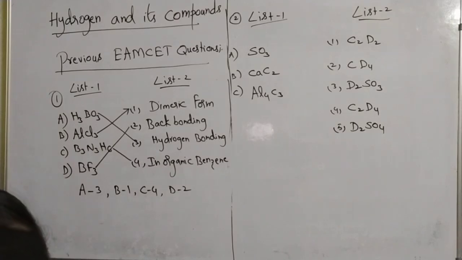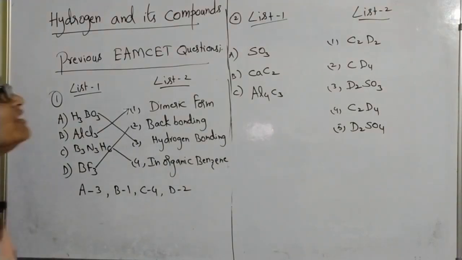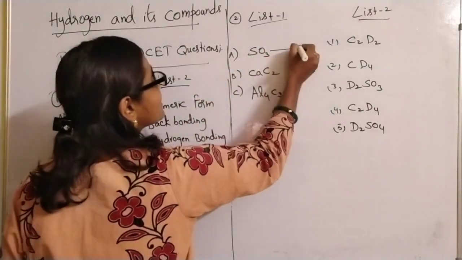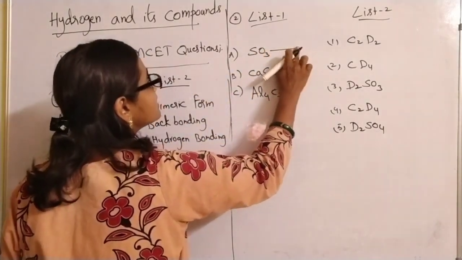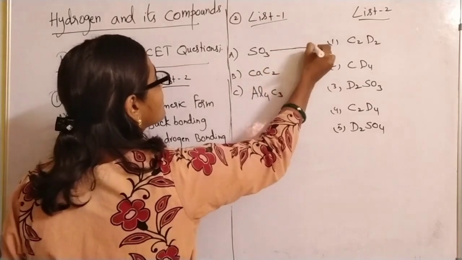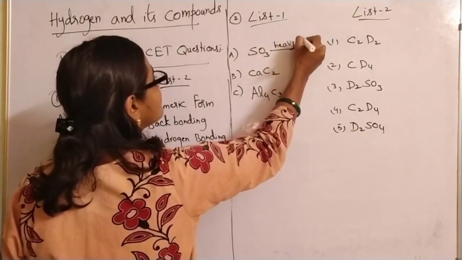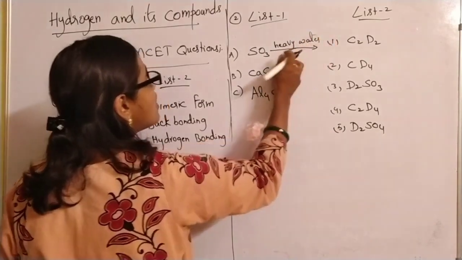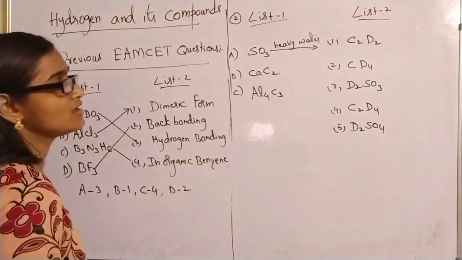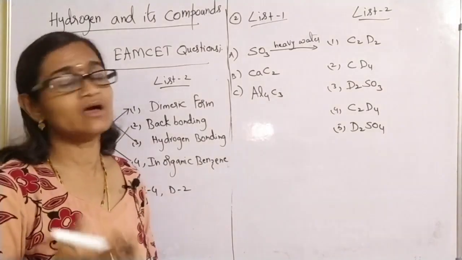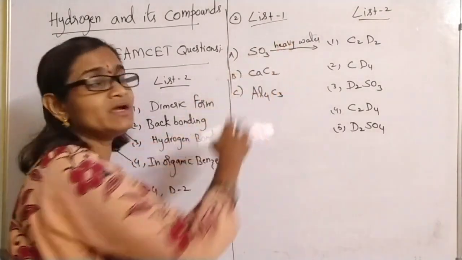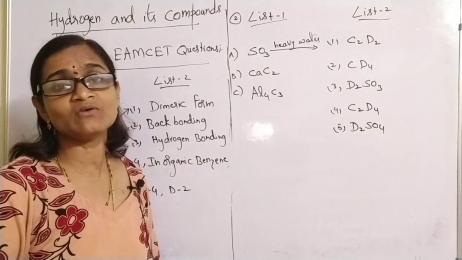SO3 when added with heavy water, it is given like that, with an arrow on top. Okay, heavy water is written here. That means SO3 on treatment with heavy water, what are you going to get? Generally SO3 on treatment with normal water, you will be getting what?